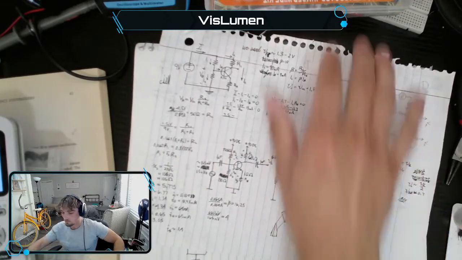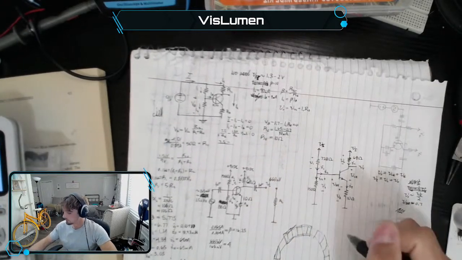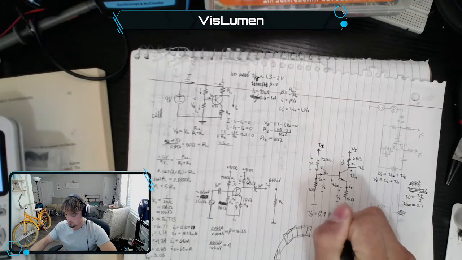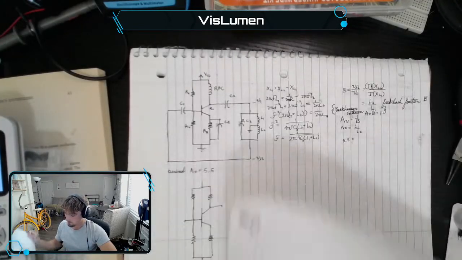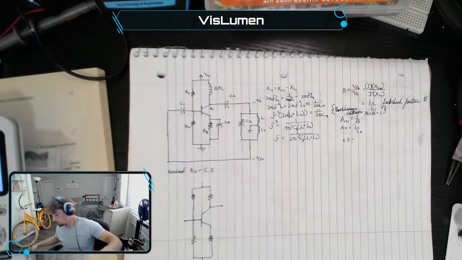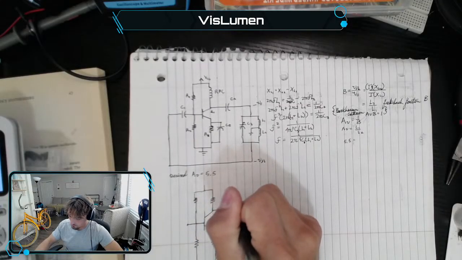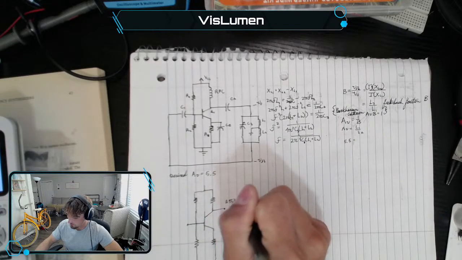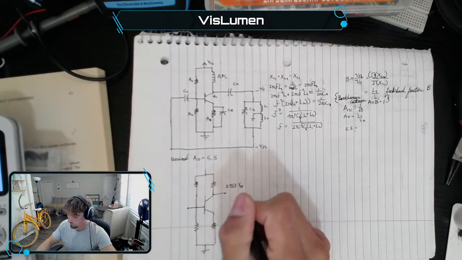So V out equals 0.953 volts. I have it right here. 0.953 volts peak to peak, PP.